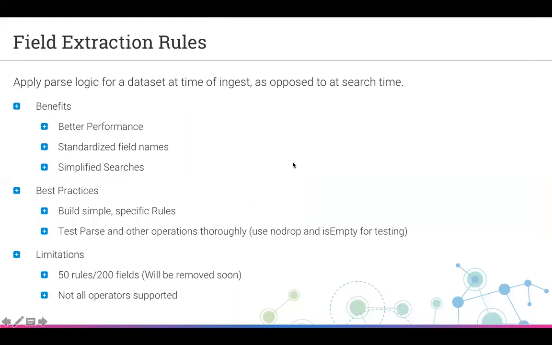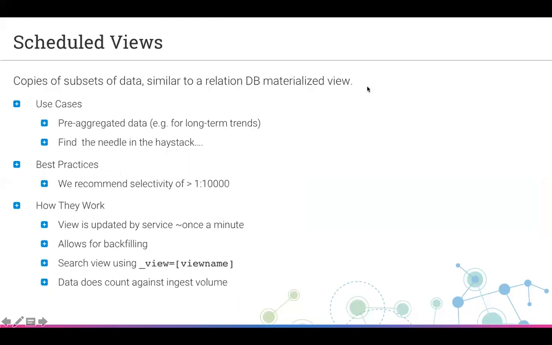All right, the last one I want to talk about is scheduled views. To Rajesh's question, there is no charge here, again, for scheduled views. But think of scheduled views as a copy of a subset of your data, and it's very similar to a materialized view in relational databases, right?